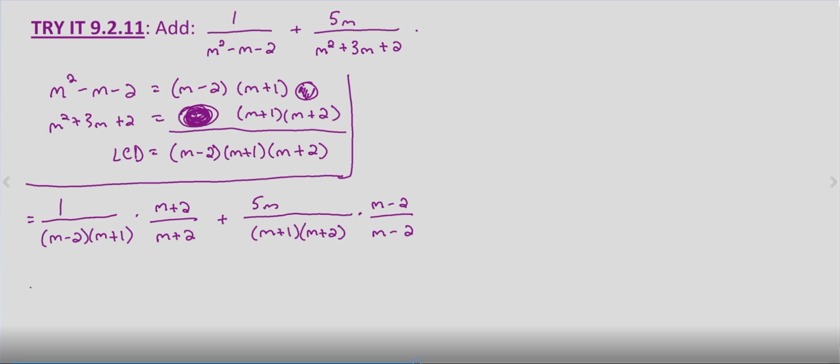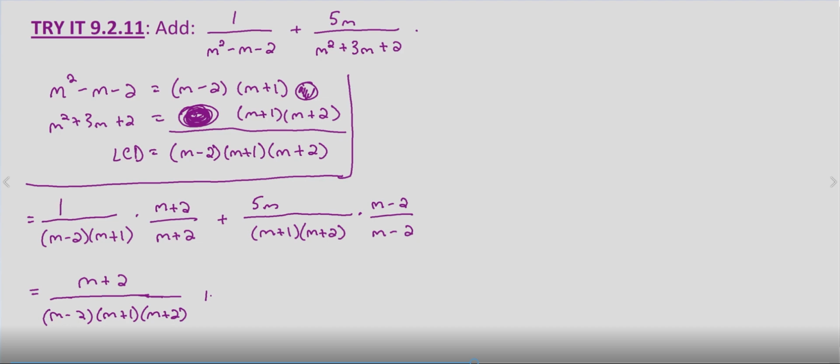And now multiplying those numerators, we'll have 1 times m plus 2, which is just m plus 2. And that's over our common denominator of m minus 2 times m plus 1 times m plus 2.